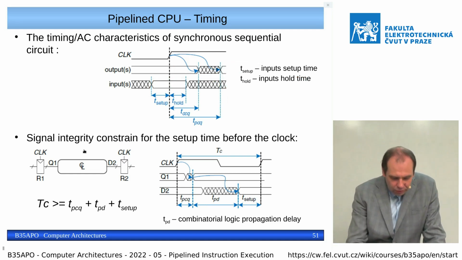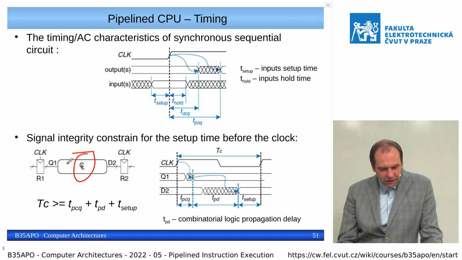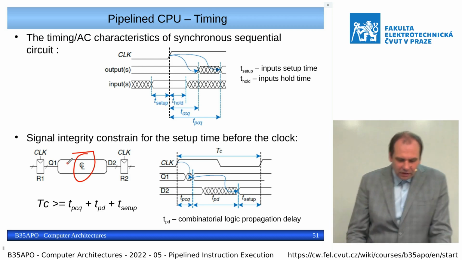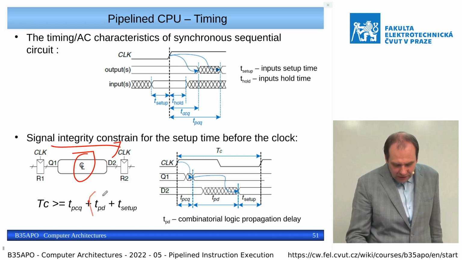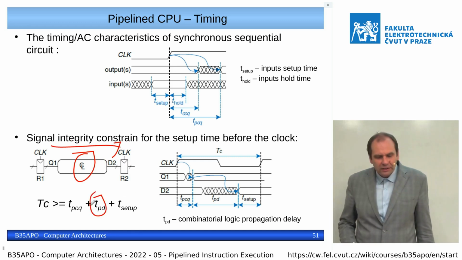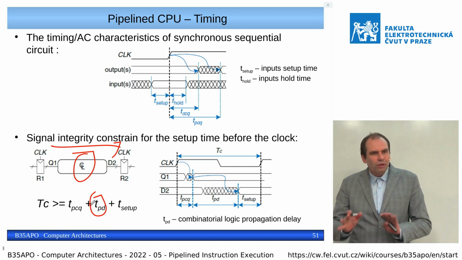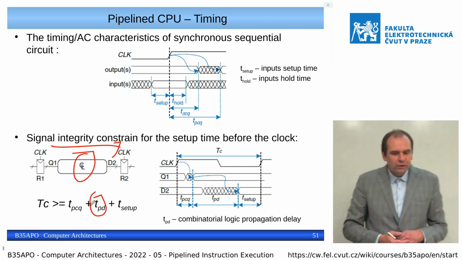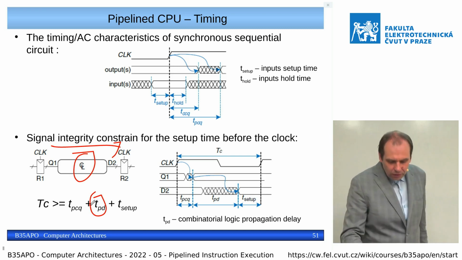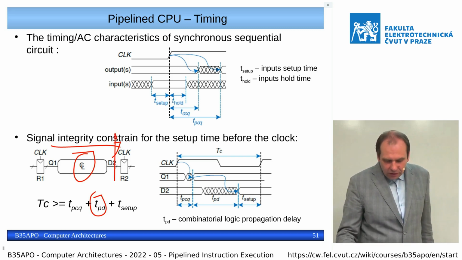If we look at the combinatorial logic, CL, then the combinatorial logic has some propagation delay, PD, before the stable result is known on the output. Basically, it takes some time to distribute signals through the chip and logic gates to have the correct value here. So what is necessary?